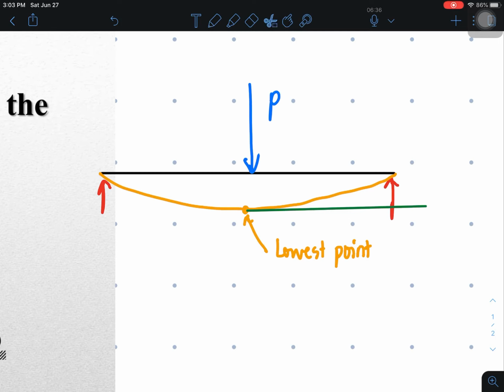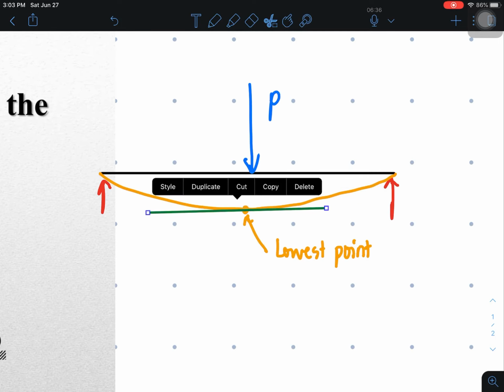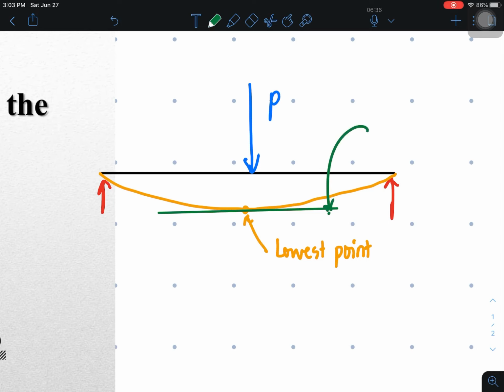That describes its slope. And if, for example, parallel ang atong slope to the original position sa atong beam, then therefore slope is 0.